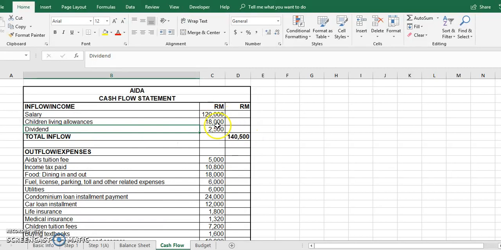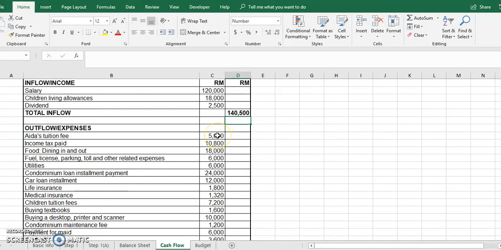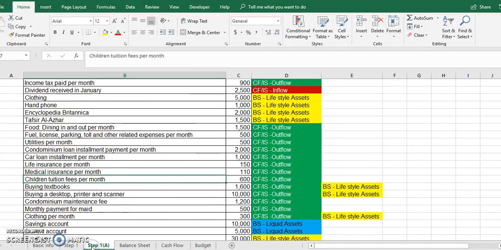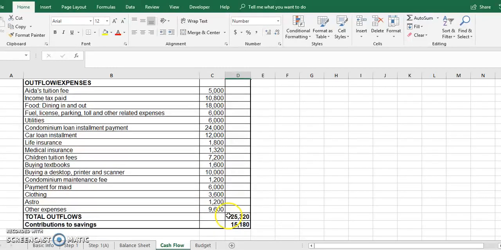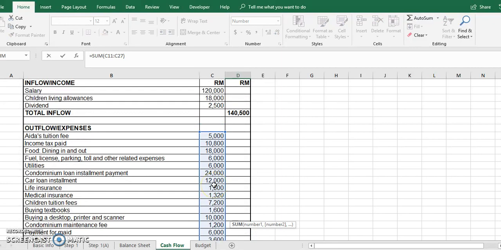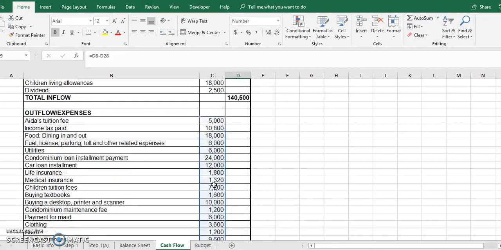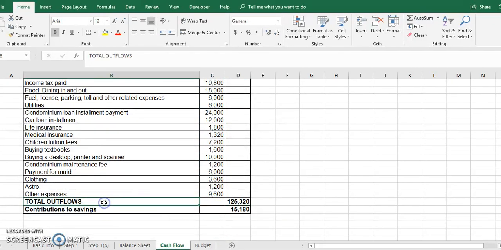You add up everything here, then you will have, in this case, 140,500. Take every item that you identified earlier in step 1, and bring it to the cash flow. These are all the expenses. Anything that you pay goes to the outflow. You total up the expenses, then you will have the total outflow.